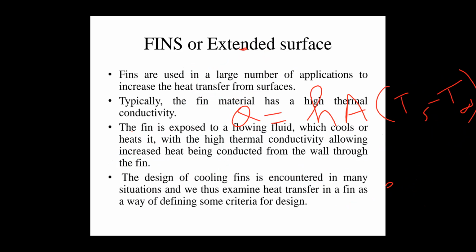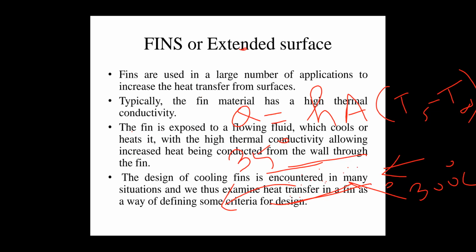For example, take a pipe. The fluid flowing into the pipe is at 300 degrees Celsius, and the surface is at the surrounding temperature of 35 degrees Celsius. The fluid at the outlet is at 290 or 250 degrees Celsius.